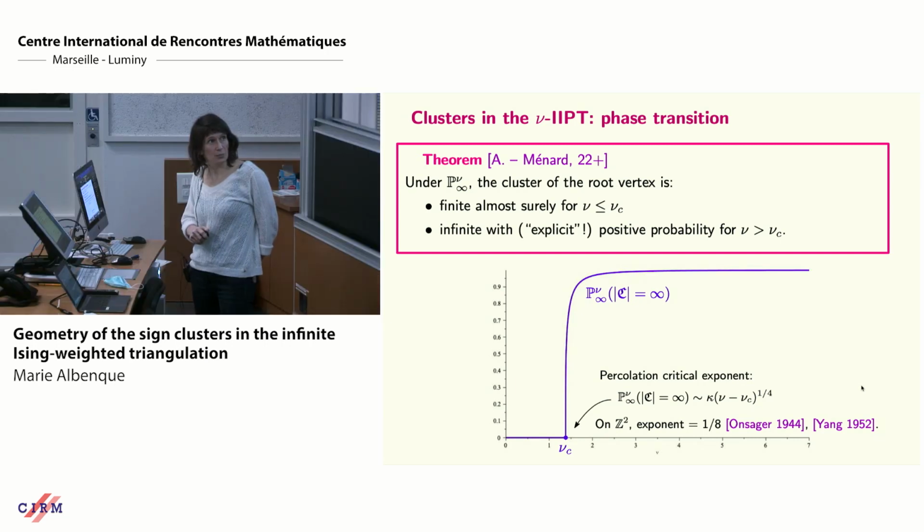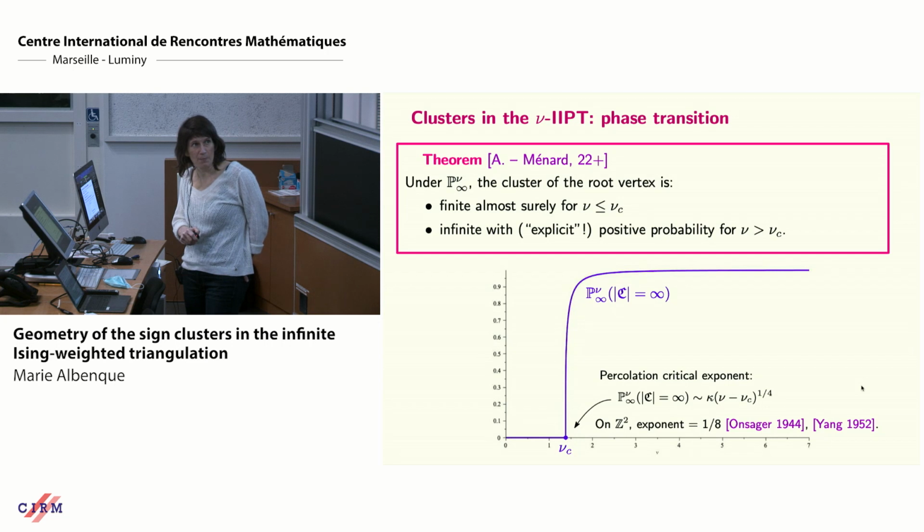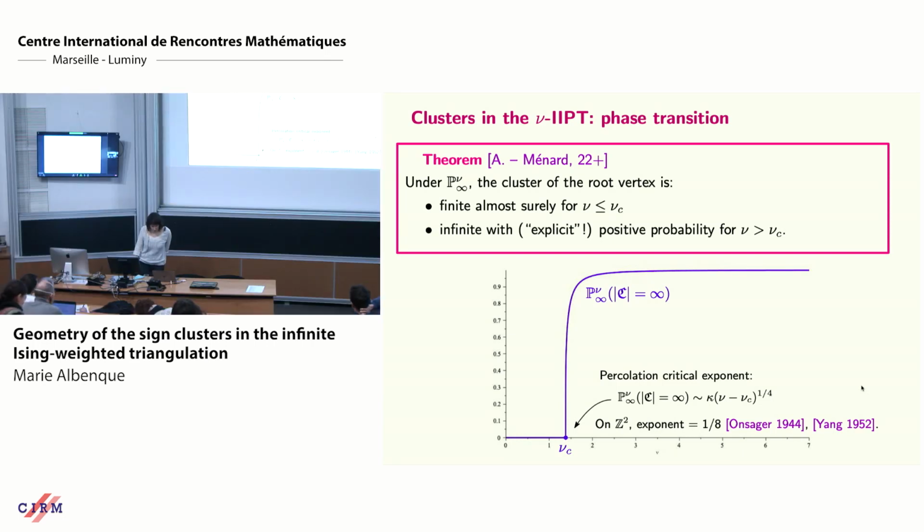So we can prove that when you go very close to nu c, you have this kind of dependency of the percolation probability in terms of nu. And just for the record, on Z2, the exponent is known to be equal to 1/8. It's an older work by Onsager and Yang. So it's quite nice to have somehow the analog for random surfaces. Okay. Yes.